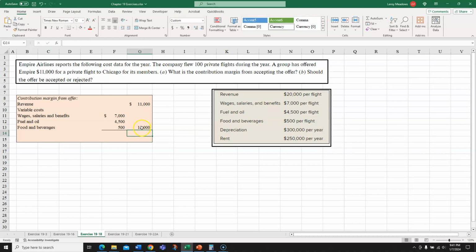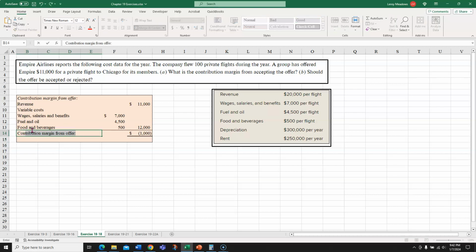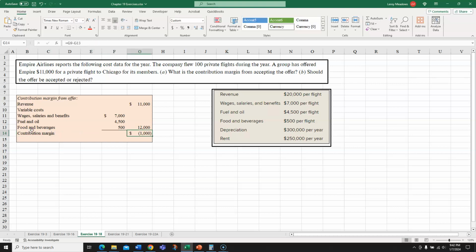If I take revenues minus my total variable costs, I'm going to have a contribution margin of negative $1,000.